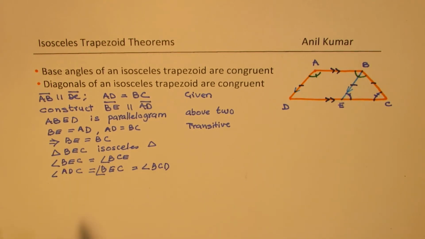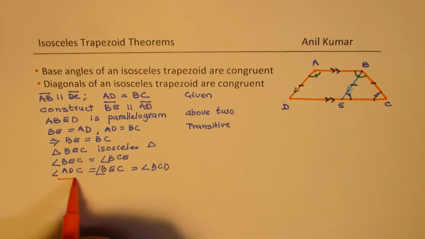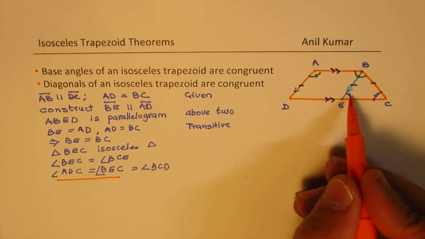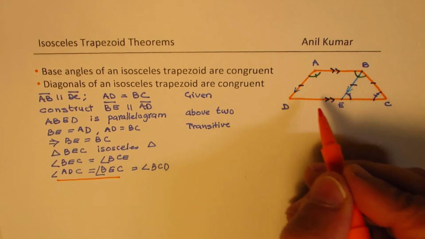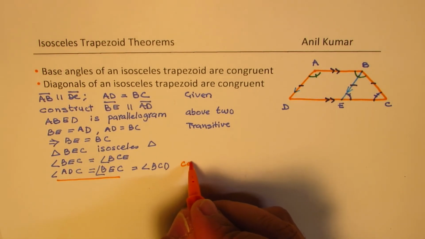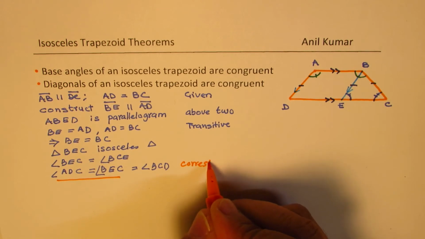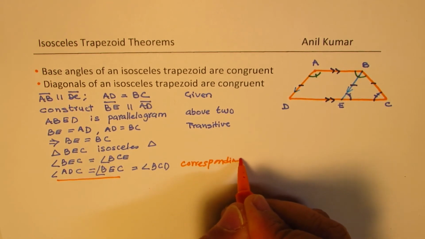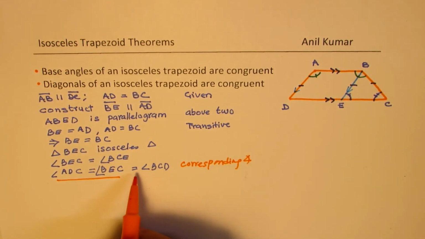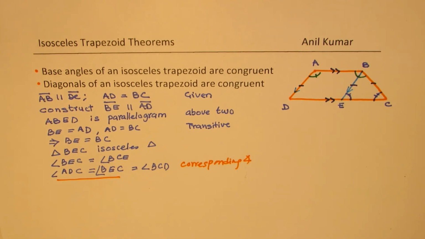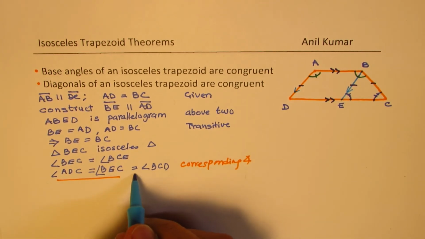I am combining two statements here. Well, these two are because of corresponding angles. These are parallel sides, right? So these are corresponding angles. And this here is because of the transitive property.